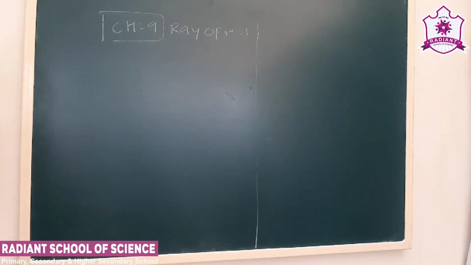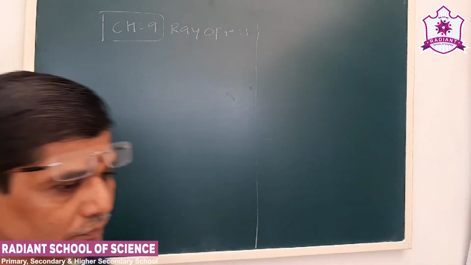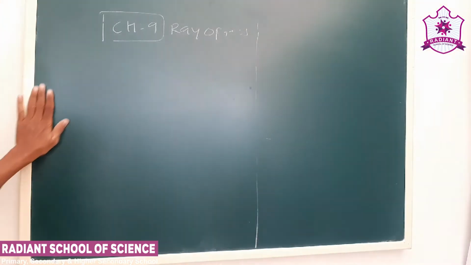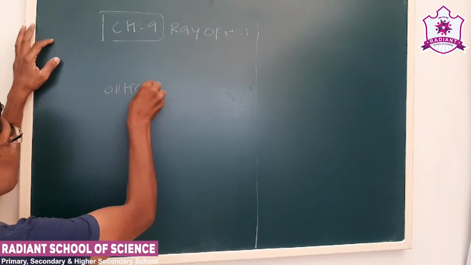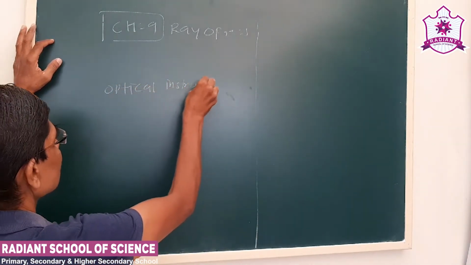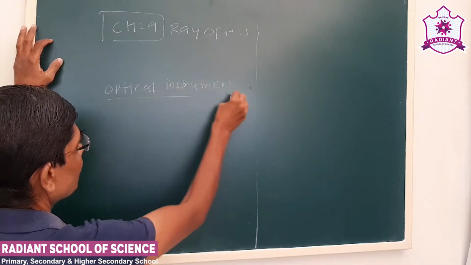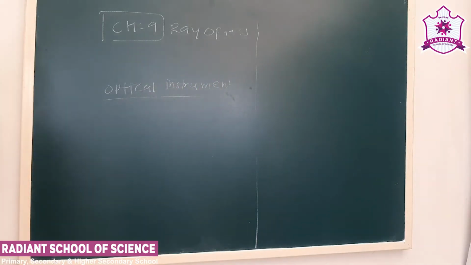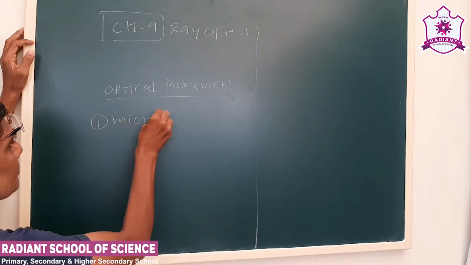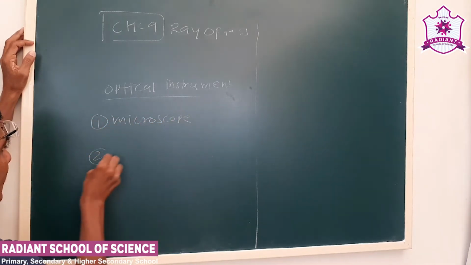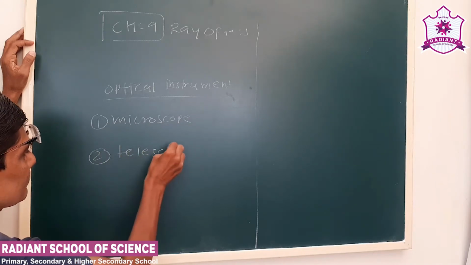Now see, next we have to see the optical instruments. Here we have to study two optical instruments. One is a microscope and second is a telescope.